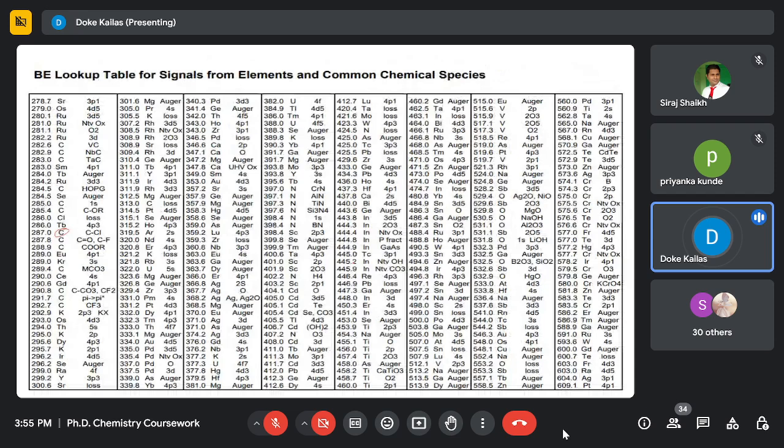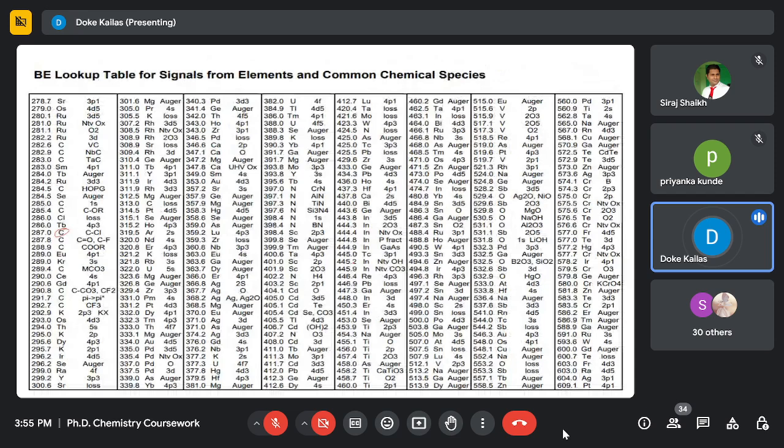640.42 electron volts. You can see here 640.4 electron volts, nickel, and in the literature, this electron is an Auger electron. So this data is available in the literature.